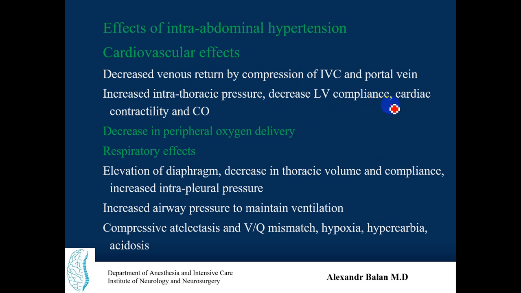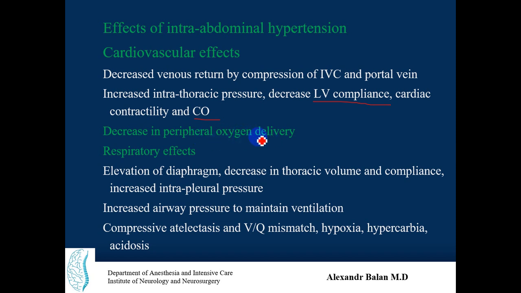lung volume and compliance. Cardiac contractility and cardiac output become low because return is low and the heart doesn't have enough to pump, or has a low quantity that comes from the inferior and superior vena cava, especially from the inferior vena cava, because the lower vena cava goes through the abdomen.